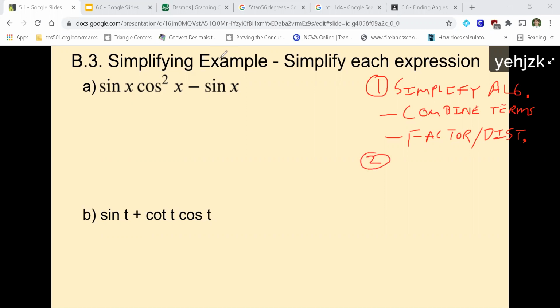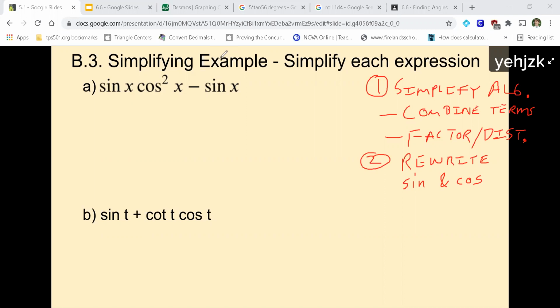If that doesn't work and you're not getting down to a single term of a single trig function, then the next thing I would try doing is rewriting your problem in terms of sine and cosine using your reciprocal and quotient identities. And then go back and try simplifying with your algebra skills some more.